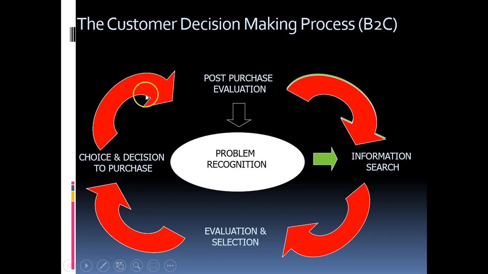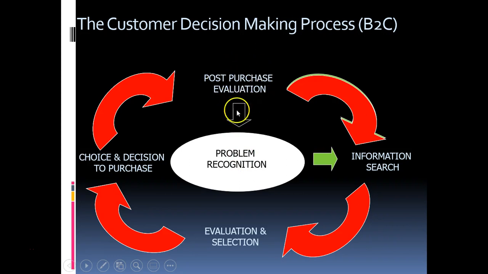Now the process doesn't finish here, because then we have this important stage of post-purchase evaluation. This is where we evaluate what we bought against our original needs and decide how well our needs were met, and that then means that the next time we make that particular decision, whether it be something that we're buying regularly, so it's fairly soon, this feeds into that next cycle of decision making.